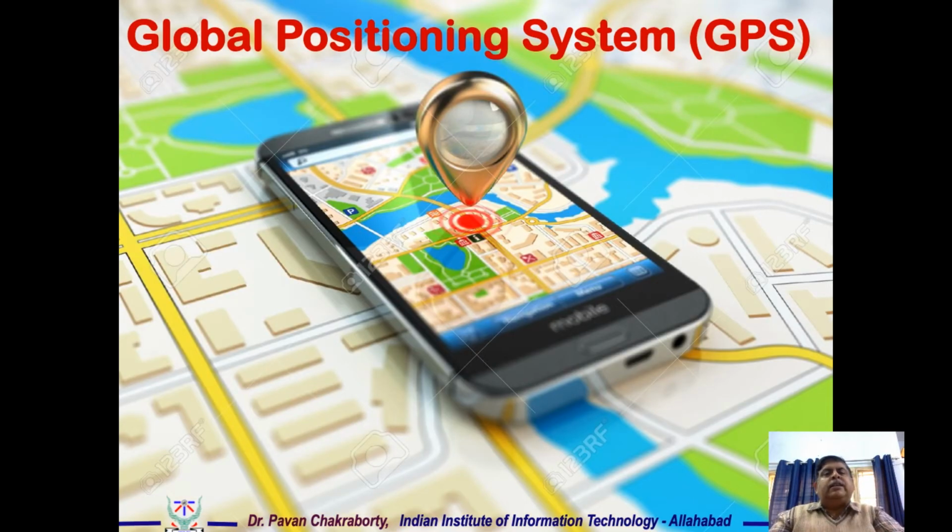Here is a global positioning GPS system on your mobile, which gives you the longitude and latitude. And for visualization, you place yourself on the map of the Earth, and Google Maps shows your location on the Earth and tells you where you're standing.